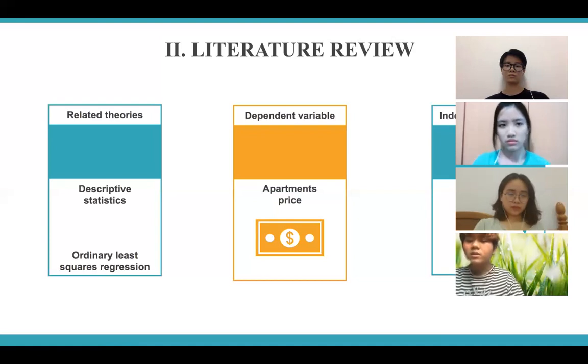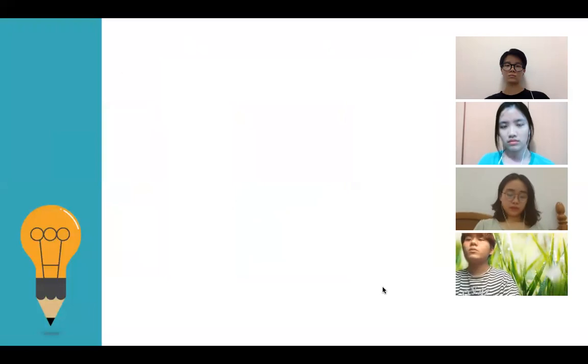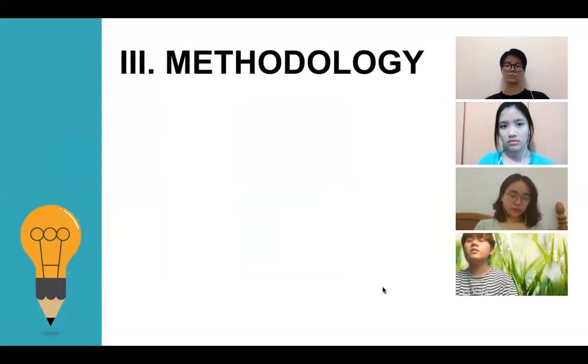It's a statistical method of analysis that estimates the relationship between the independent variable and the dependent variable. The dependent variable in this case is apartment price, and the independent variables in this case are square, location and density. So now we're gonna move on to the third part, which is presented by Minh Giang. So I will give her the spotlight now.